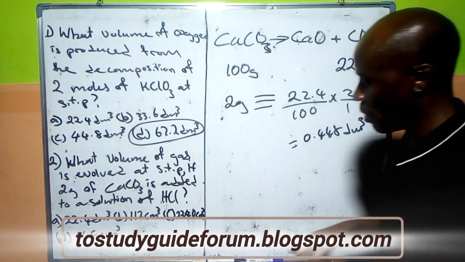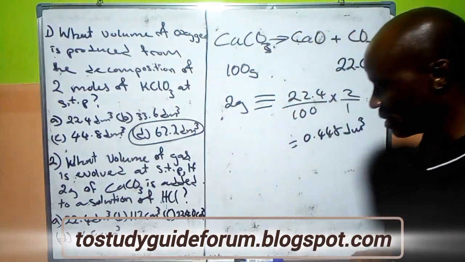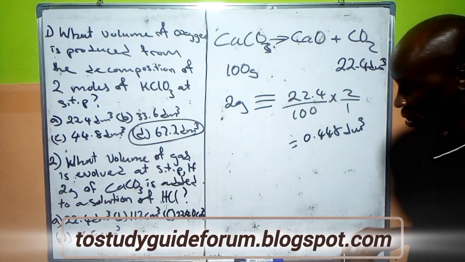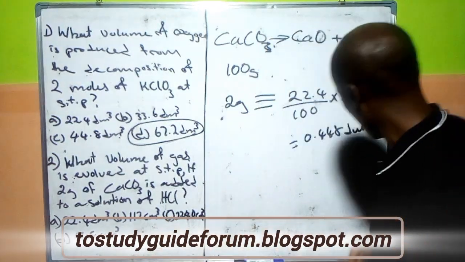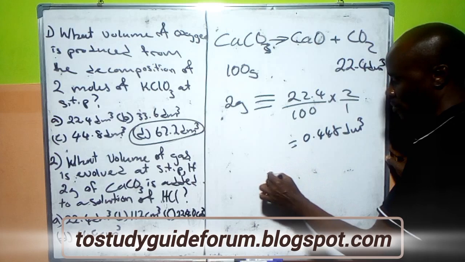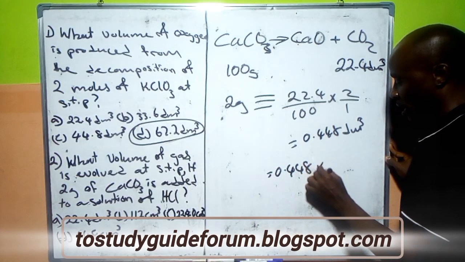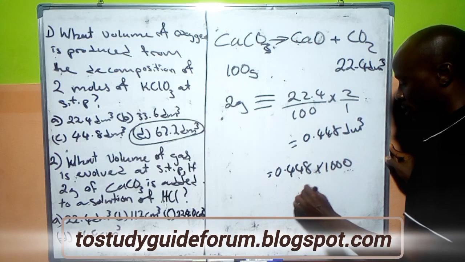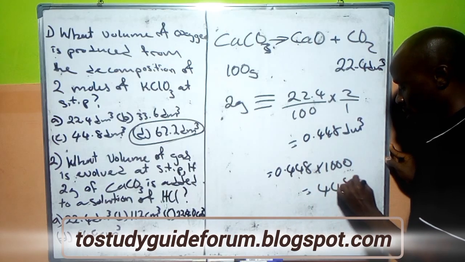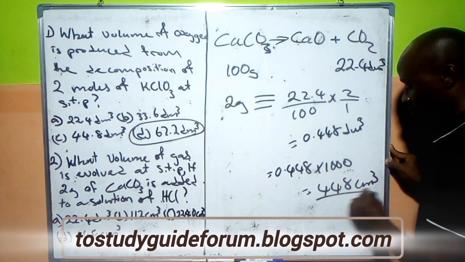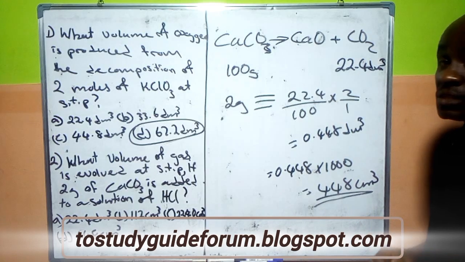Now, looking at our options, there's something closer to it, which is in cm³. So we convert to cm³, which means 0.448 times what? 1000. That will give us 448 cm³, which is the last answer. You can see how easy this is.